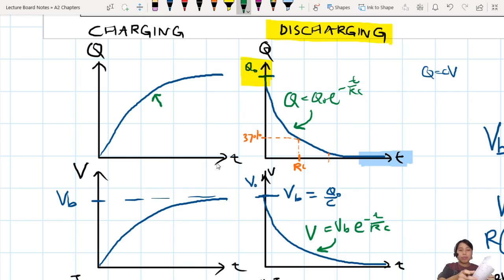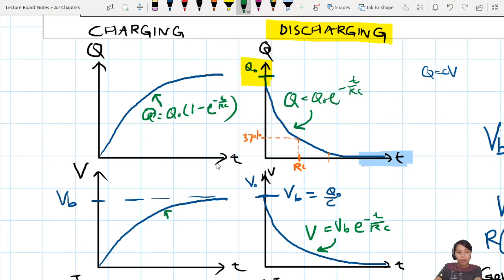The exponential charging curve is Q equals... no Q naught, you start off at 0. So the equation is Q naught times 1 minus e to the negative t over RC. Can you derive this with the method? Try it out if you have learned this in maths.